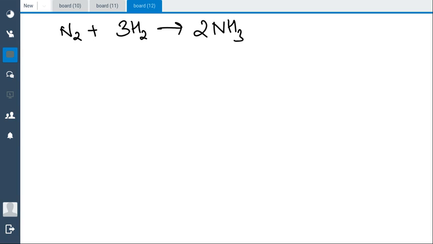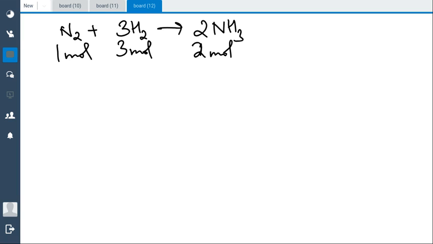So 1 mole of nitrogen reacts with 3 moles of hydrogen to give 2 moles of ammonia.